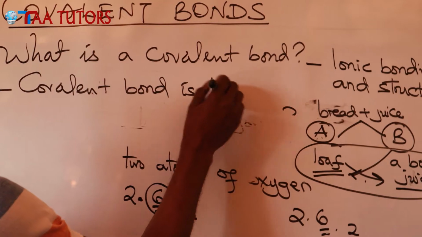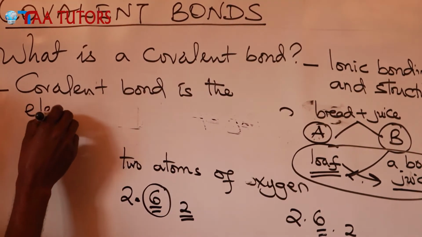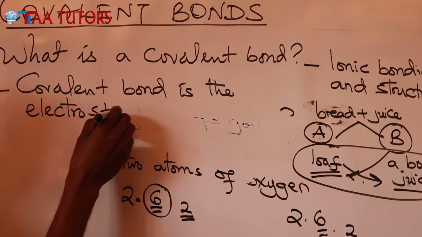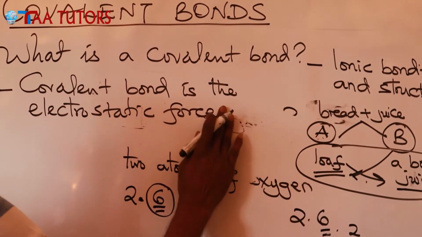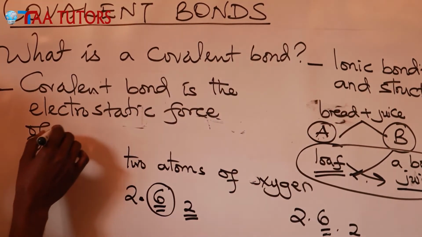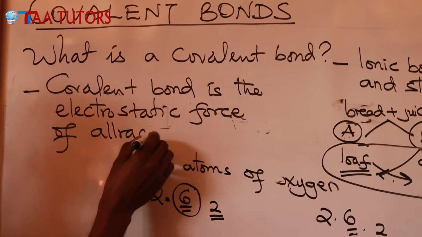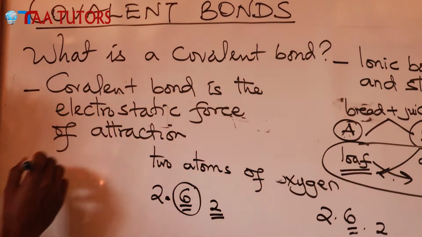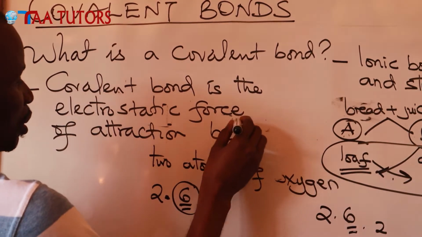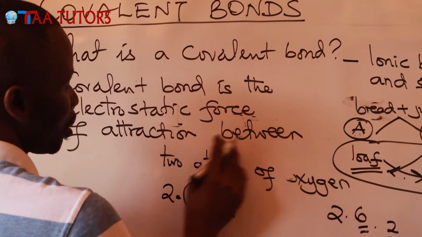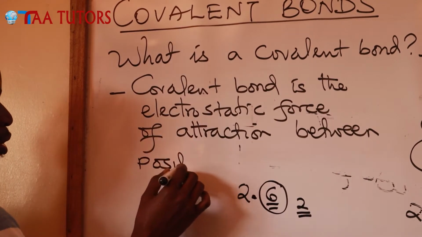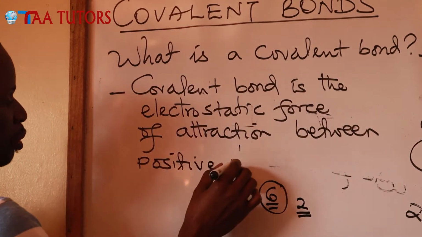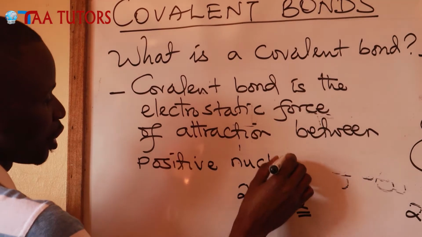A covalent bond is the electrostatic force of attraction between positive nuclei. I say nuclei because there are many.